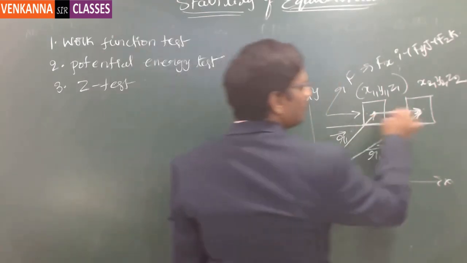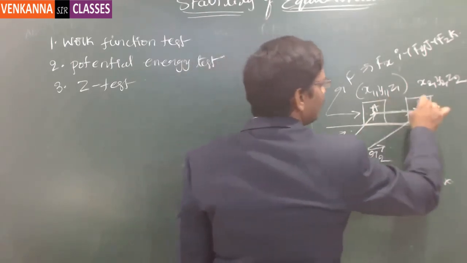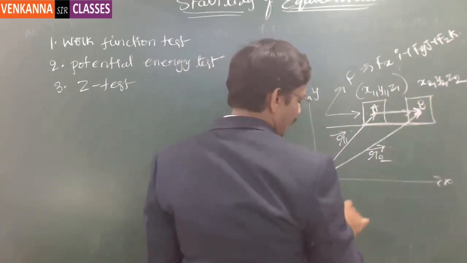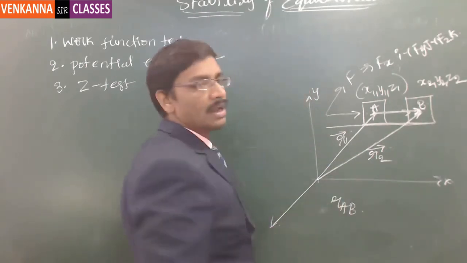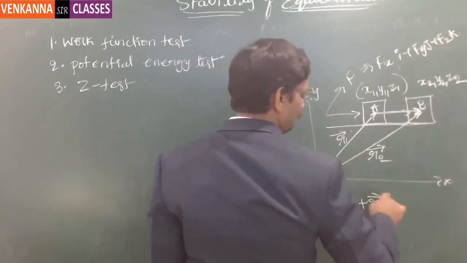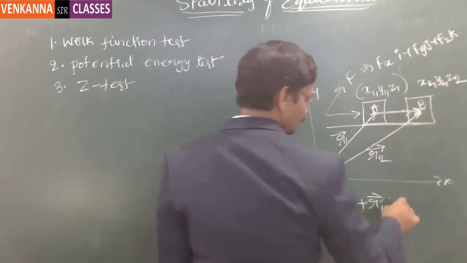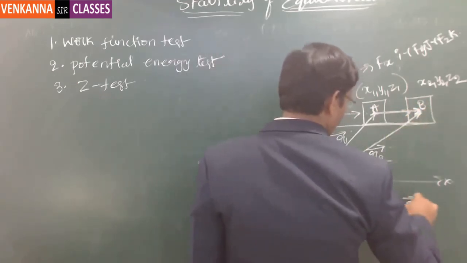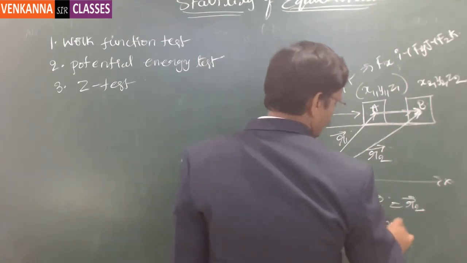If it moves from point A to point B, then you can calculate RAB by applying the triangular law of vector addition. That is, R1 plus RAB: the sum of this vector and this vector should be equal to this vector. So this is R2, or RAB is equal to R2 minus R1.